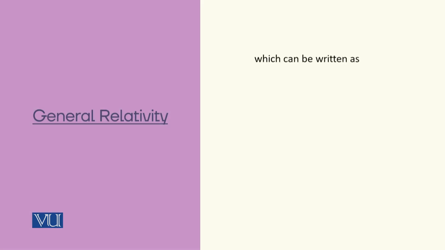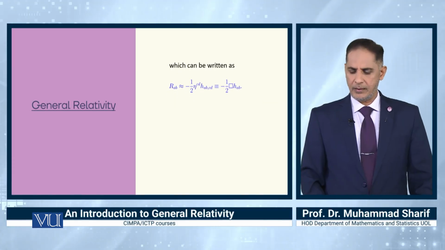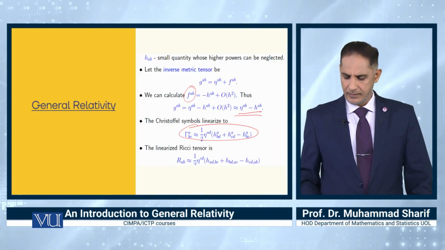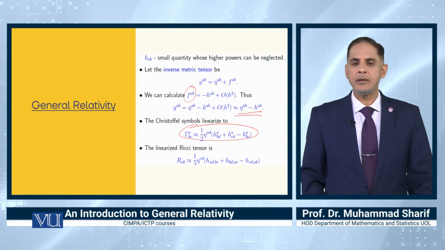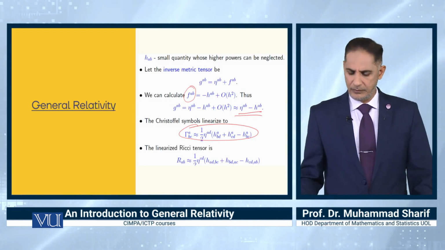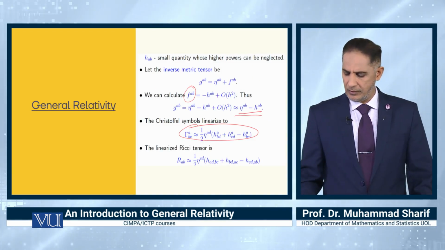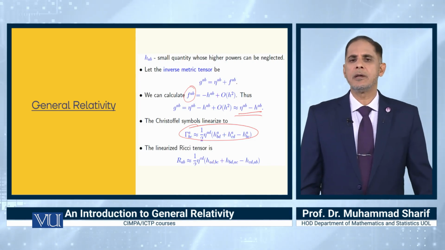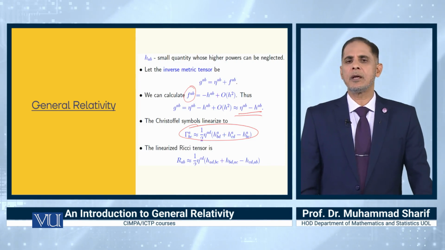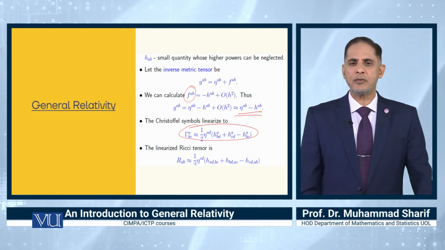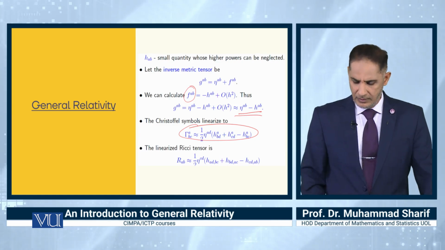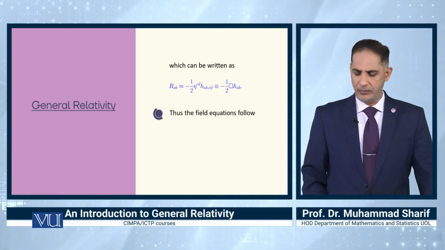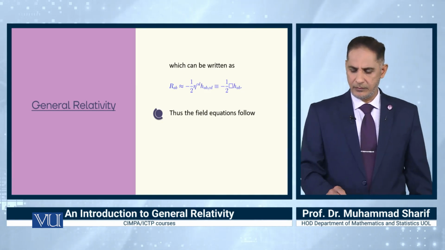Now using this Christoffel symbol, we can write down the value of the Ricci tensor. So this is the form of the Ricci tensor when we linearize it. Obviously, when we linearize these things, we can write down the linearized form of the Einstein field equations, and here are the Einstein field equations in the linearized form.